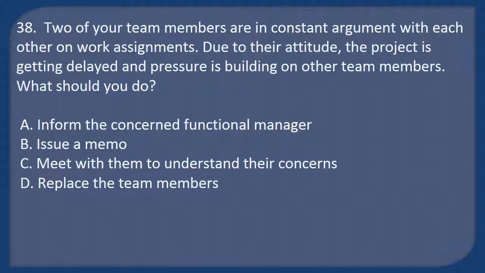Question 38. Two of your team members are in constant argument with each other on work assignments. Due to their attitude, the project is getting delayed and pressure is building on other team members. What should you do?